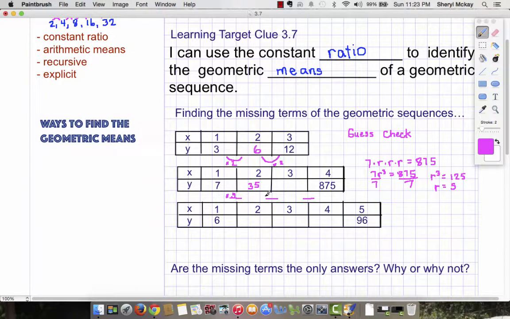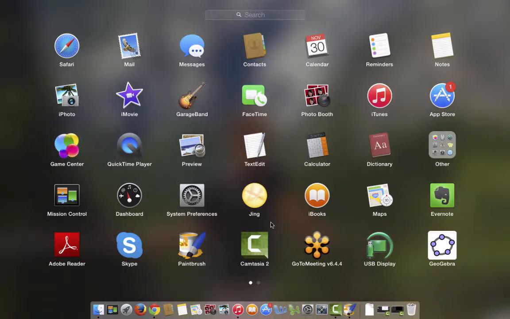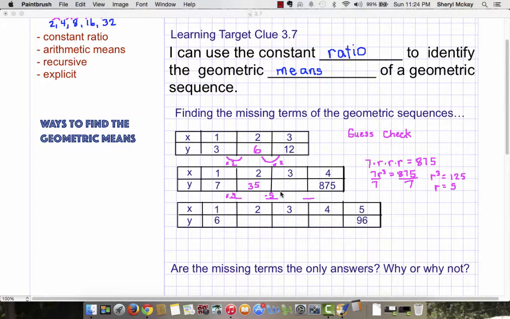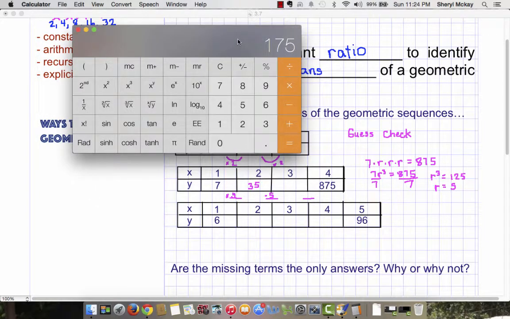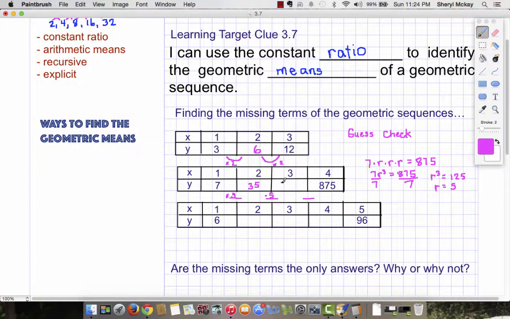And then I take 35 times 5, that's 175. And then I better double check to make sure that 175 times 5 is equal to 875, and it is. So I can say that my third term is 175.